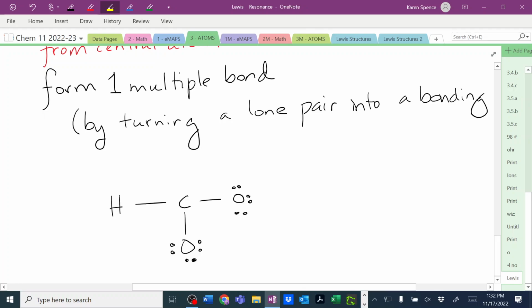And at this point, how many electrons does carbon have? It only has 6 because it's got 2 in this bond, 2 in this bond, 2 in this bond, so it's only 6. It needs 8. So wouldn't it be nice if oxygen would agree and say, I don't need these all to myself, I will share them with you, carbon.